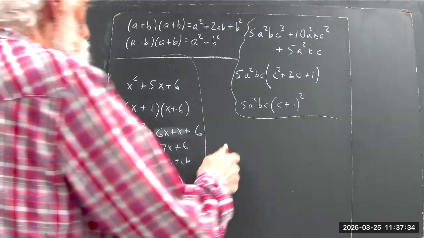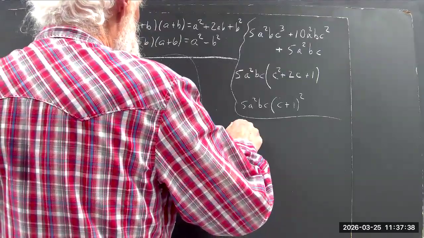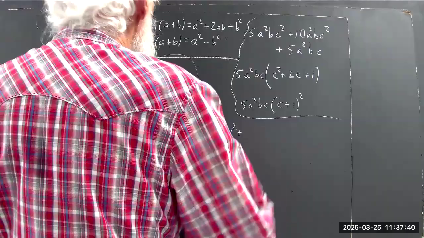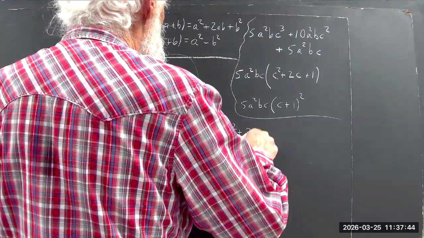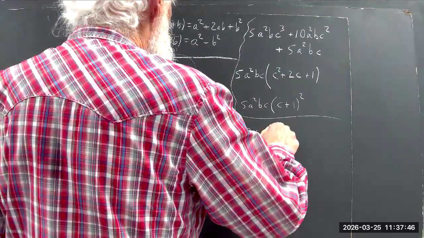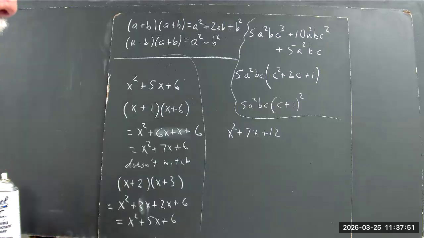Okay, let's try another one. Let's try x squared + 7x + 12.